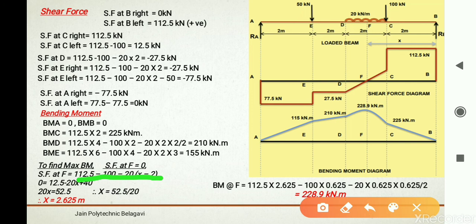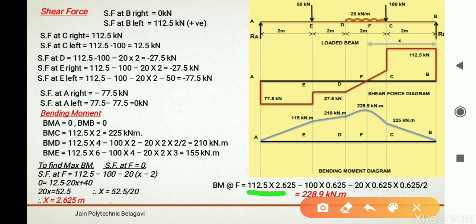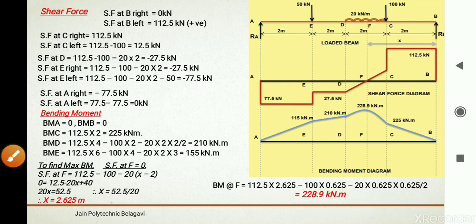You can go through the calculation and get X, that is the distance of maximum bending moment, 2.625 from point B. So the value of maximum bending moment is 112.5 into 2.625 minus 100 into 0.625 minus 20 into 0.625 into 0.625 by 2. You are going to get 228.9 kilonewton meter.